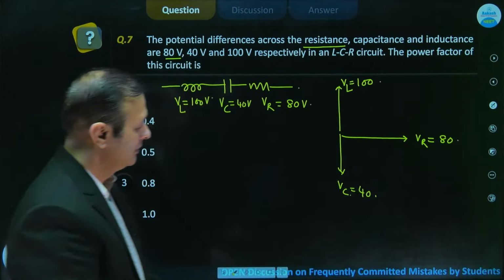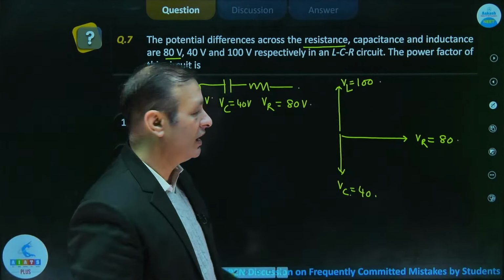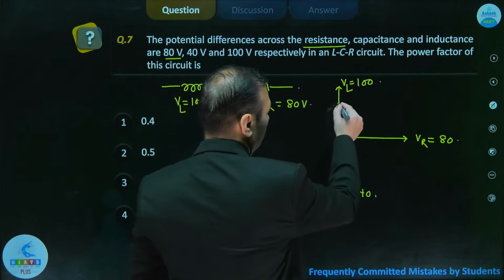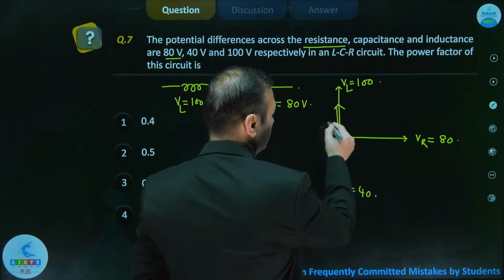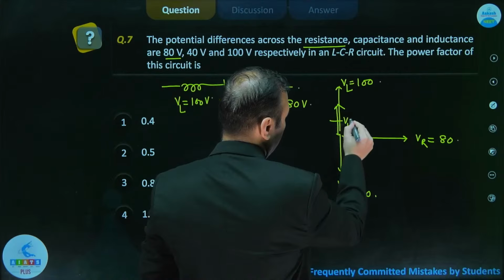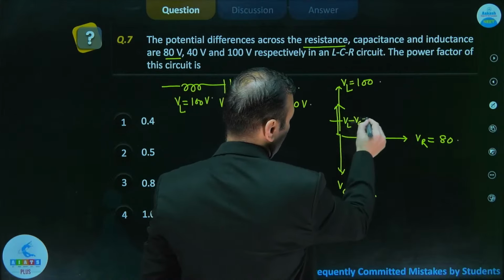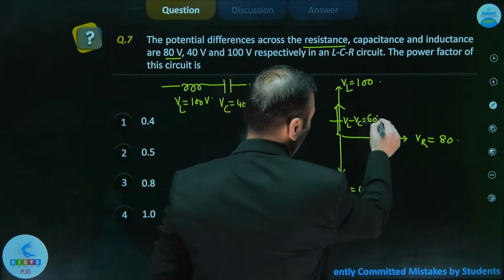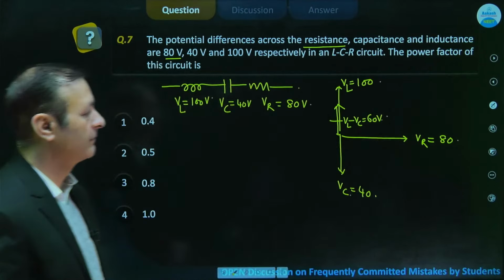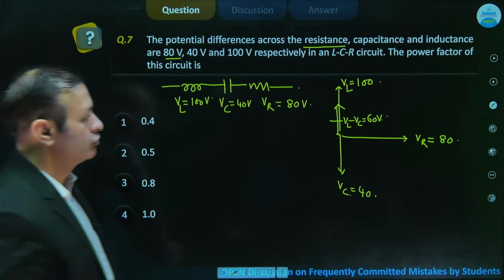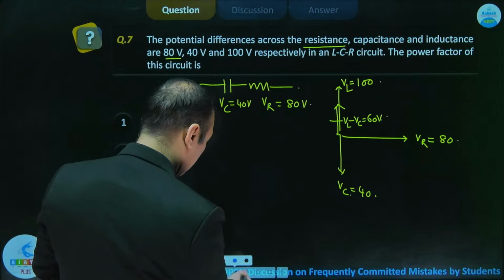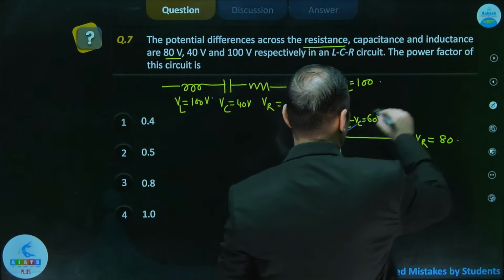Got it? So as you can see, VL and VC are opposite, so the resultant of these two would be like this. So that means VL minus VC is what? 60 volt only. Got it? So in this situation, the resultant would be somewhere like this.